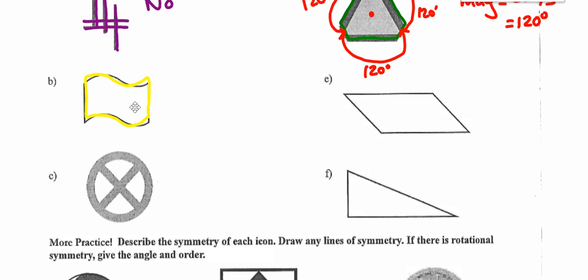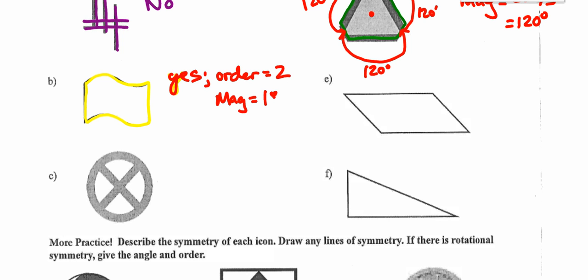I think that I maybe made a slight little error in my copying, so we're going to say yes as we rotate it back to the original. I didn't do a perfect job of copying that, so we'll say yes here. We'll get a different color than yellow. And we had an order which was equal to 2, and then that means the magnitude is going to be equal to 180 degrees.